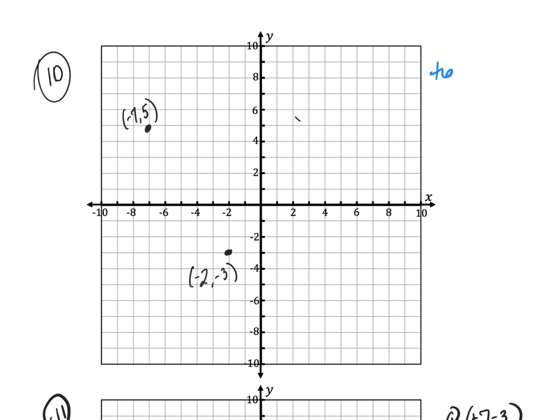I'm going to translate point A +2, +3, because that's how many.